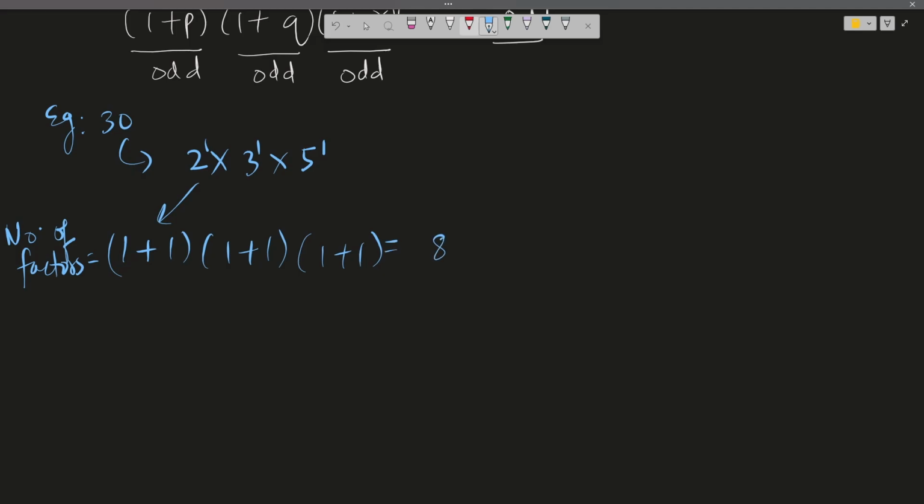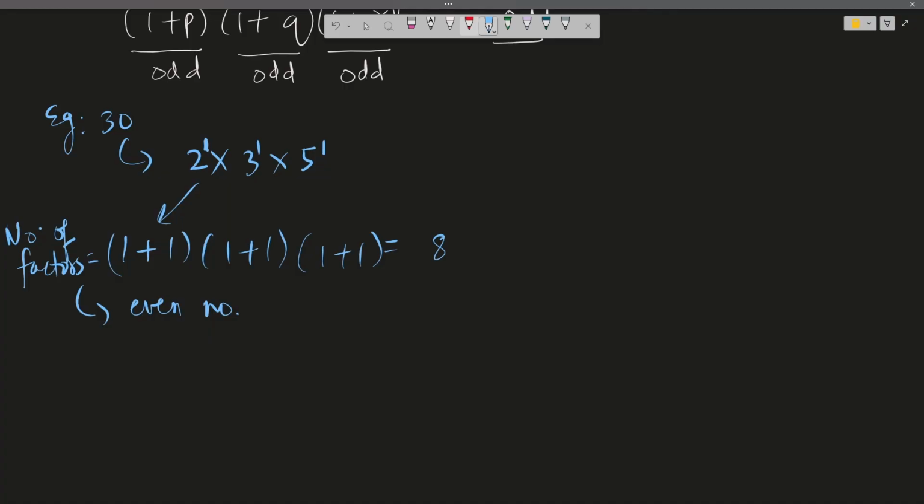So what can we infer from this? That if the number is not a perfect square, then the number of factors will be an even number. How could we say this?